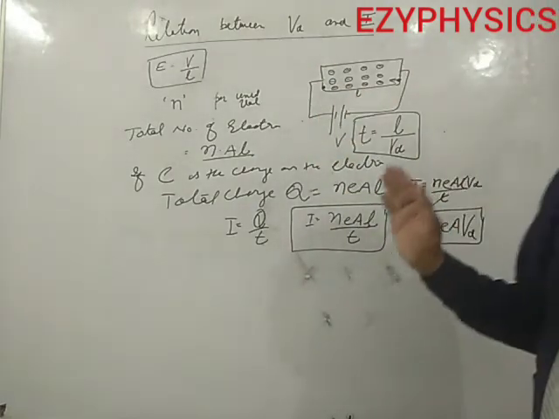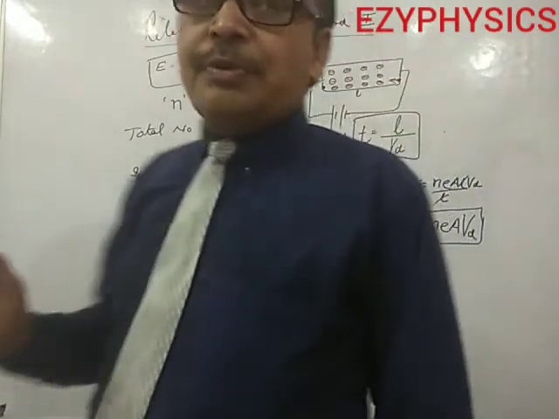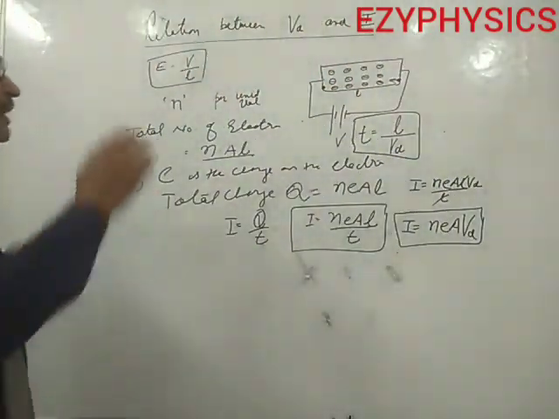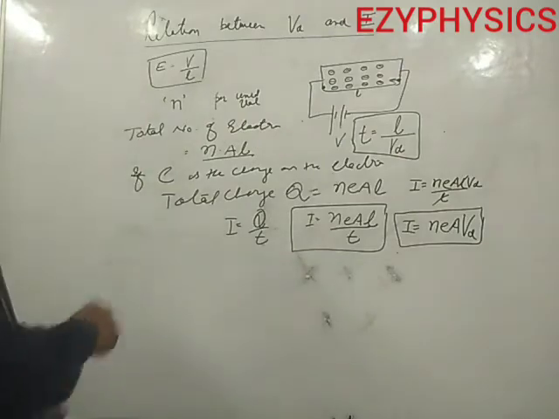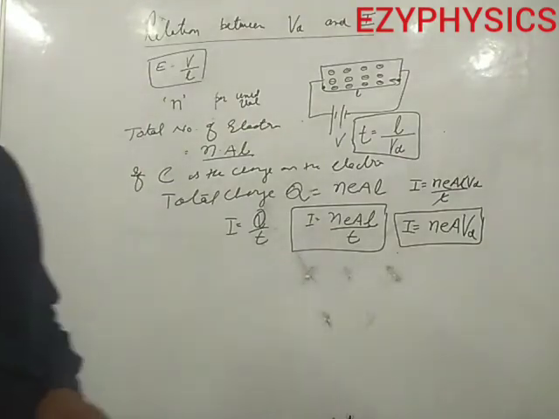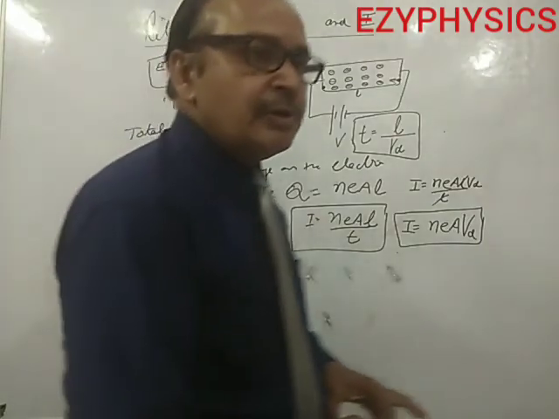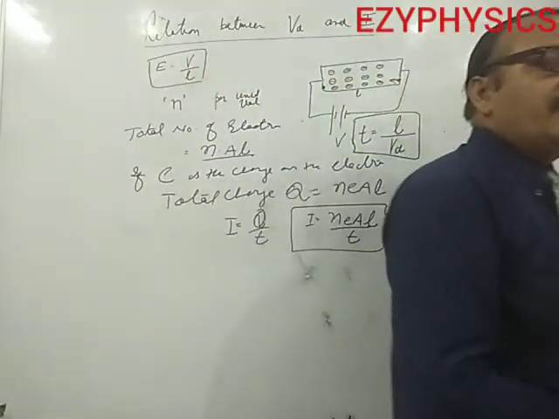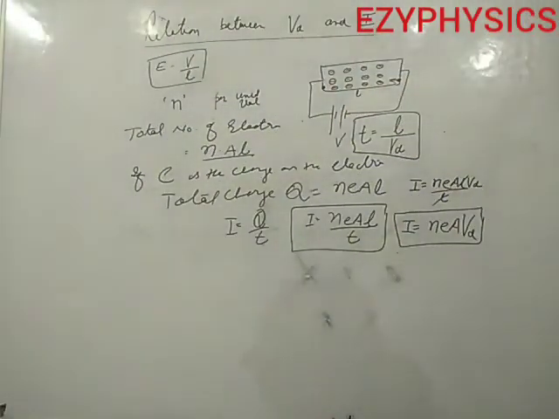So, any doubt? I hope this article of drift velocity as well as the relation between the drift velocity and the current is clear to you. And now we will be solving a couple of numericals based on that, so that you can develop some confidence regarding the numericals also.